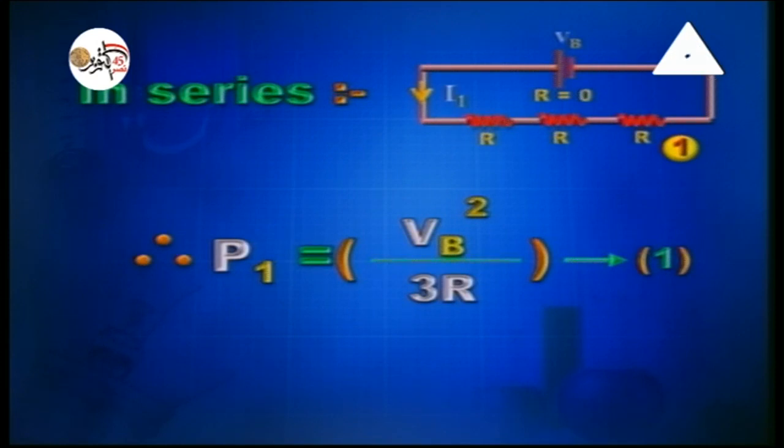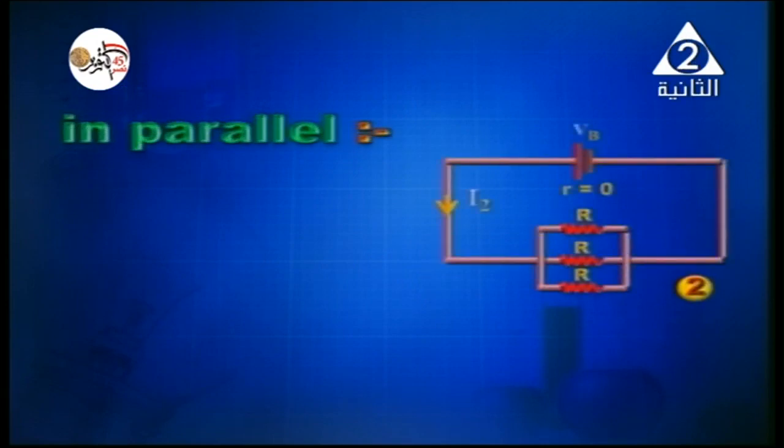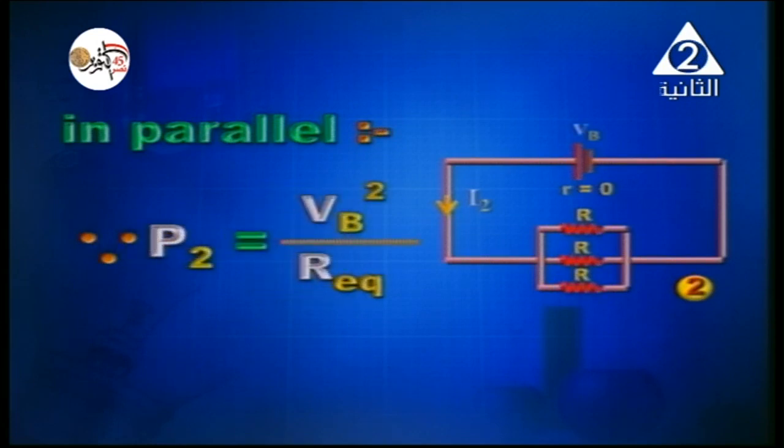Now we repeat this, but when connecting them in parallel. In parallel connection, first of all, we have to calculate R equivalent. It's all easy. It is one of them over the number, so it is R over 3. And power can be determined in one shot using the expression V squared over R. Applying this on the whole circuit, it will be V battery squared over R equivalent.